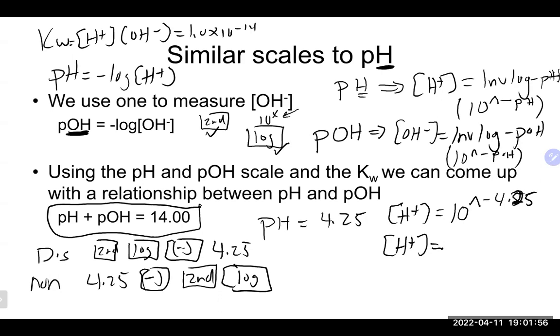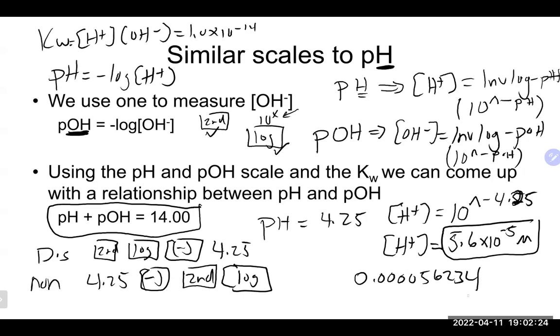Let me just double check that real quick. 4.25. There we go. You end up with 5.6 times 10 to the negative 5 molar, or on my calculator, 0.0000562334. Obviously, again, it may not give it to you in scientific notation.